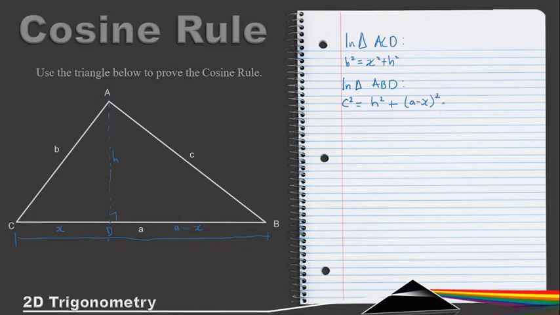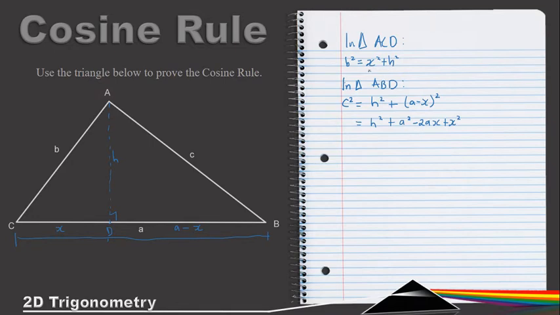Okay, so what we're going to do now is just multiply this out. I'm just going to go with a quick way. So this is going to be square the first number, so this is a squared, multiply the two numbers by each other and by 2, minus 2ax, and plus x squared.